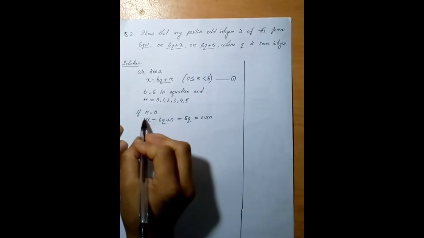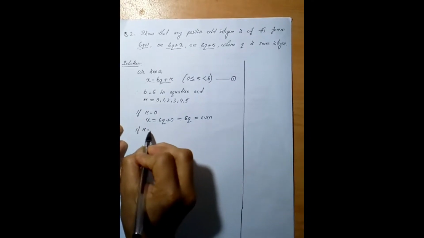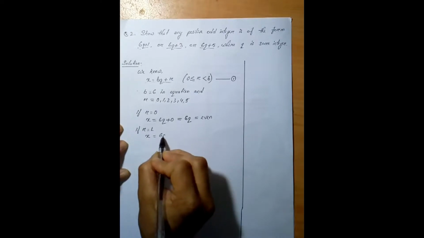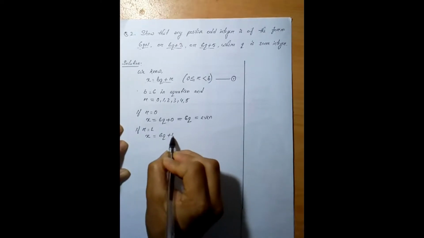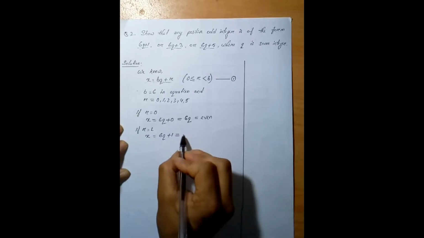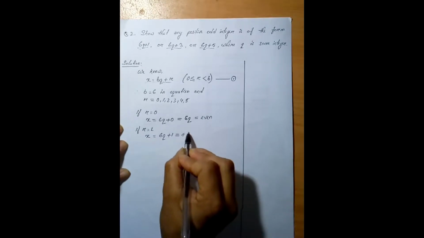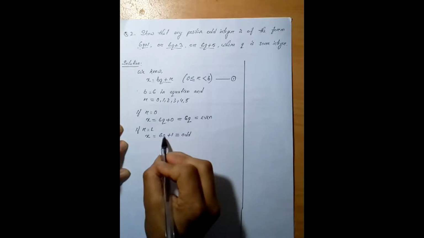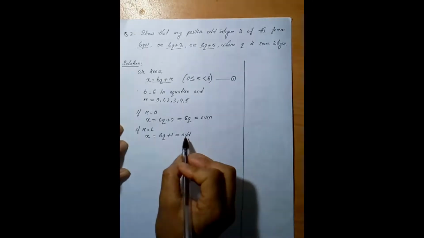Okay. And again, if we take r equal to 1, x equals 6q plus 1, it will be an odd number, which is not divisible by 2.